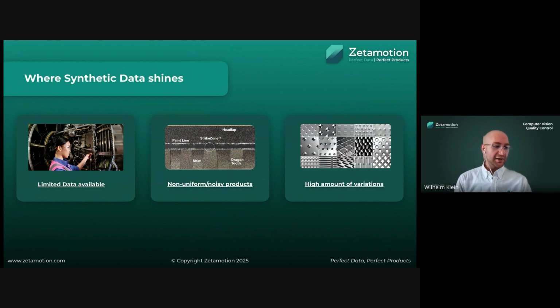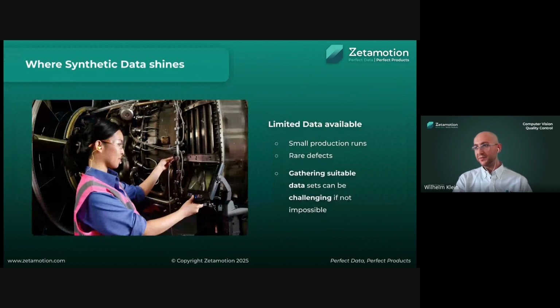There are a lot of saturated industries already, and these tend to be the low-hanging fruit ones, where you have beautiful products, straightforward cases, data is available, and it's economically viable to do this whole cycle of capturing lots of data and making it work. But especially in these three categories, when there's very limited data available, because there's not that many products being produced, or there's so few defects even happening, it can be extremely challenging to just generate the data set that is required to get started.